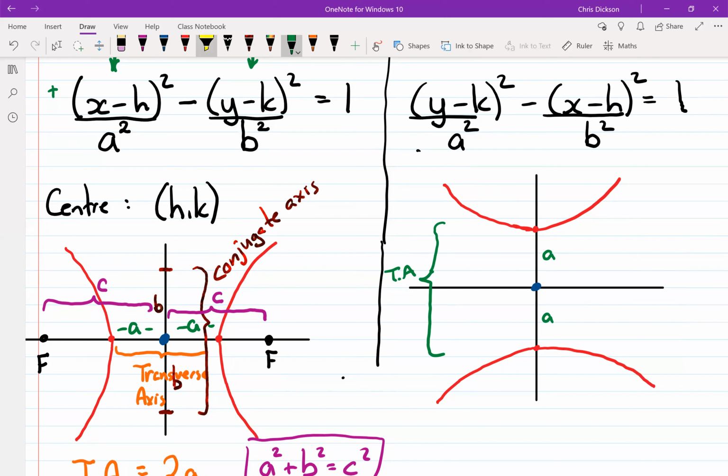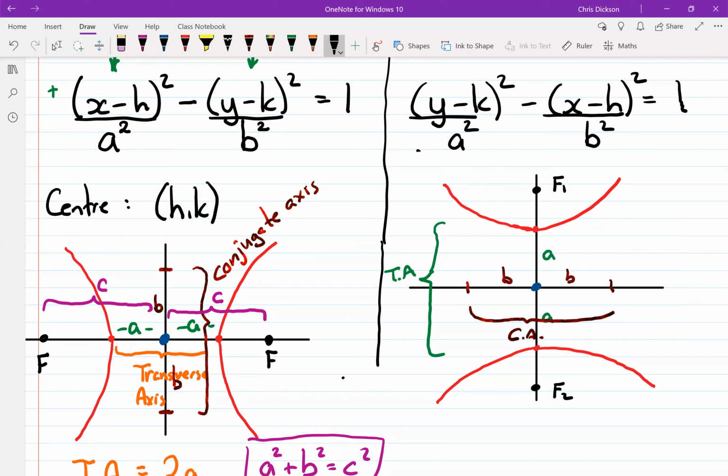And then you'd have this arbitrary axis, which I haven't really explained very well, called the conjugate axis. That would be the distance from here to there, and that's going to be B and B. So this is the conjugate axis. And then you would have foci in this area and this area. And the distance from the center to the foci would be C.